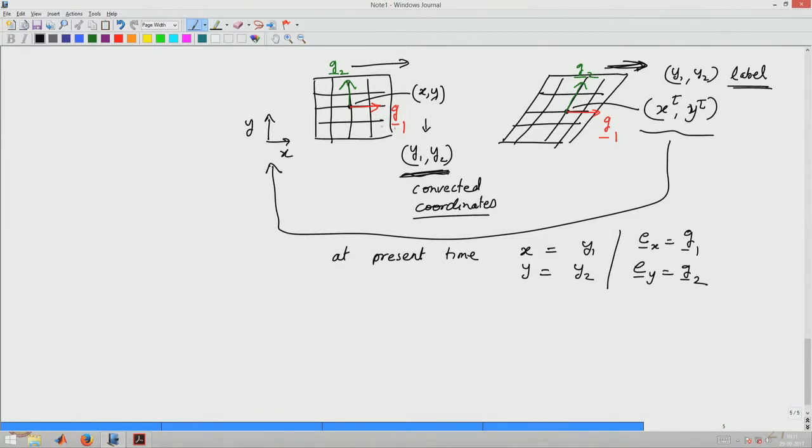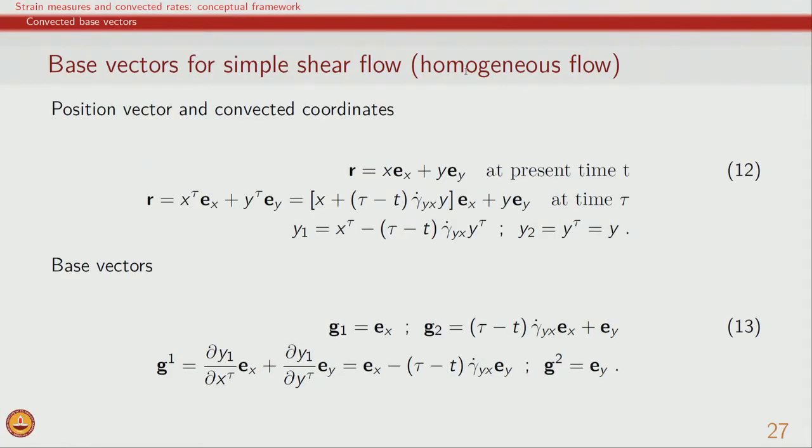and since each and every material particle is moving and the overall shear deformation can be written in terms of gamma dot Yx as we had written earlier. So, we can define the overall position of a material particle at any time instant tau as x tau and y tau.